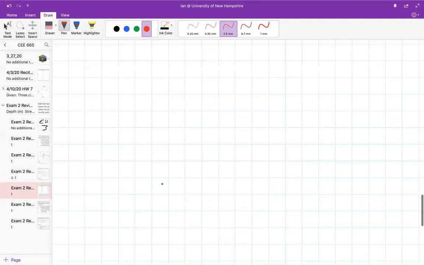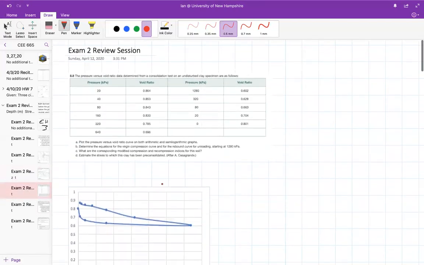Scrolling. As you guys can tell, I do not have great handwriting, so I have to give myself some extra space. So now we're getting into the consolidation stuff. We got these pressure and void ratio data determined from consolidation tests on an unsaturated clay specimen as follows.